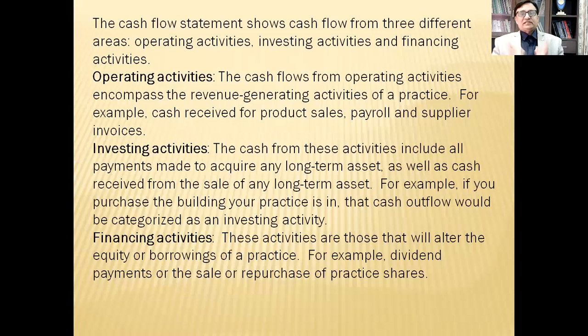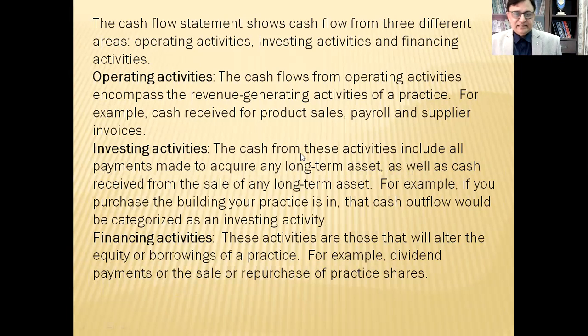So the cash flow statement shows cash flow from three different areas: operating activities, investing activities, and financing activities. The cash flow from operating activities encompasses the revenue generating activities of the concern or practice, for example cash received from the sale of products, payroll, and supplier invoices.